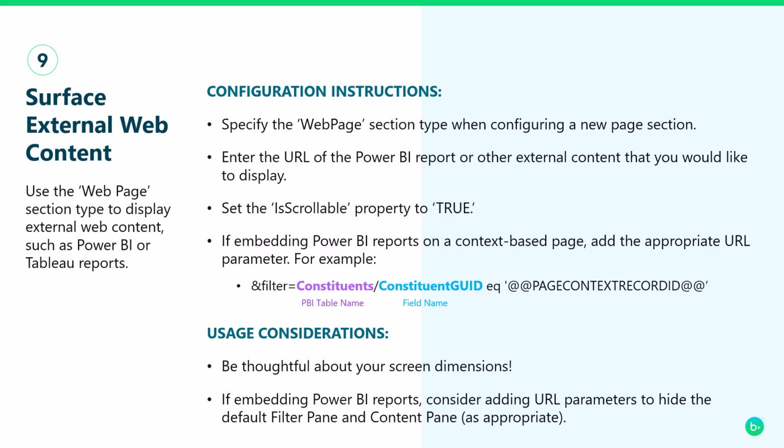Depending on how much space you think you're going to need, if you go overkill with a massive Power BI report that looks great when you're designing it in Power BI desktop, and then when you bring it through into CRM, it only has a fraction of the screen, it's not going to look great. And another tip around using those URL parameters, you can hide the filter pane and content pane in Power BI by passing parameters in the URL.